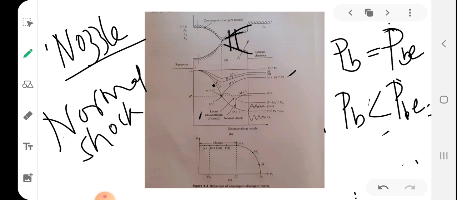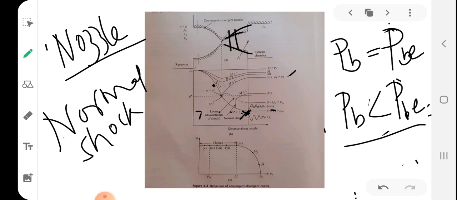But after the exit plane, since the back pressure is greater than the exit plane pressure, you can see here in the eighth case, this is the pressure at the exit plane.